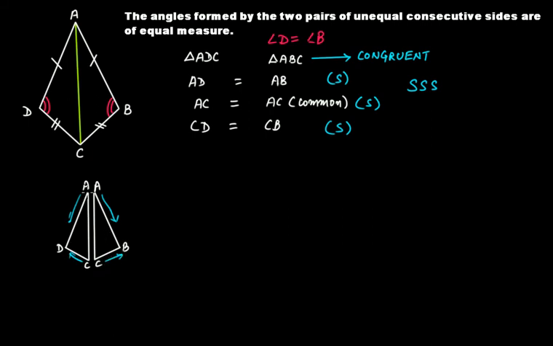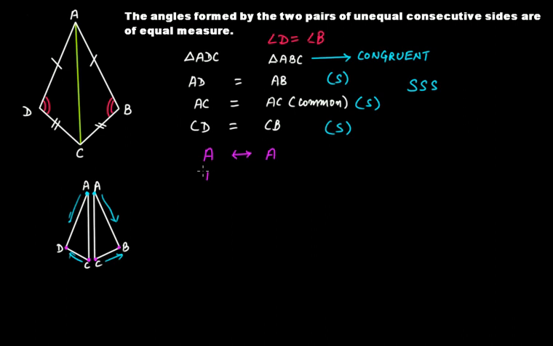if you try to superimpose it on this, the vertex A of this triangle will fall on the vertex A of ABC, and the vertex C of this triangle ADC will fall on vertex C of triangle ABC, and the left ones are D and B. D will fall on the vertex B. It means that A of triangle ADC and vertex A of triangle ABC, these are corresponding vertices.